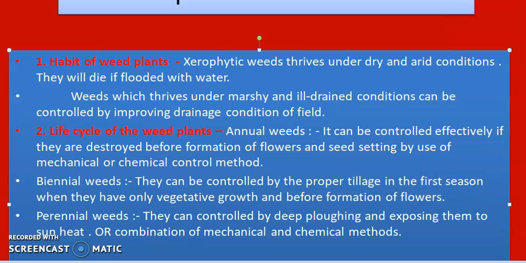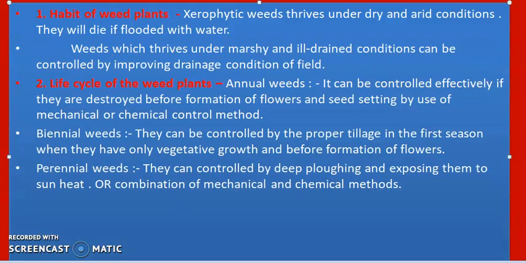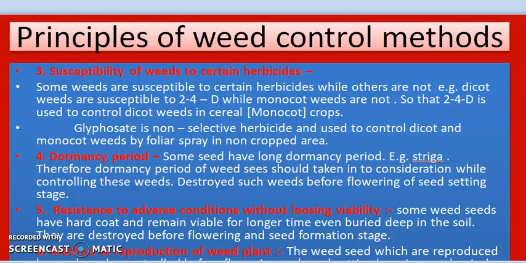Then we study the third principle, that is the susceptibility to certain herbicides. Some weeds are susceptible to certain herbicides while others are not. For example, dicot type weeds are susceptible to the 2,4-D and atrazine weedicide, while monocot type weed plants are not susceptible.